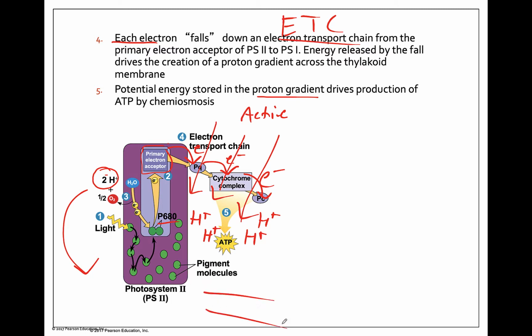On the other side of this membrane, we're going to have that ATP synthase that's going to use these hydrogens to create ATP. So the electron transport chain here is where we're going to make ATP. This is the exact same process of chemiosmosis that we saw in cellular respiration.